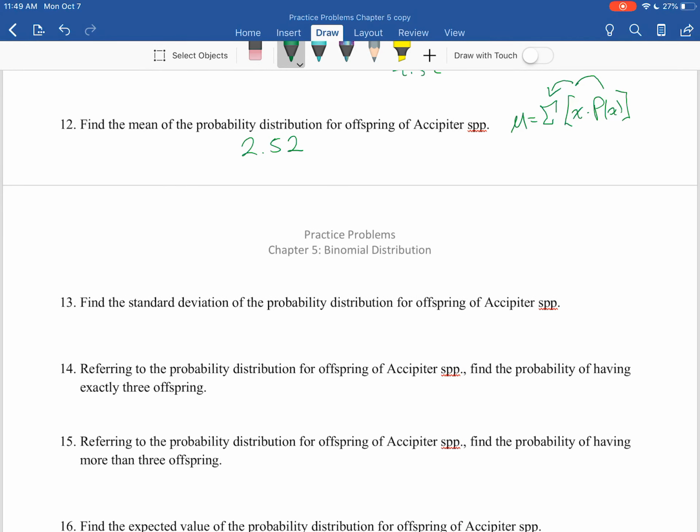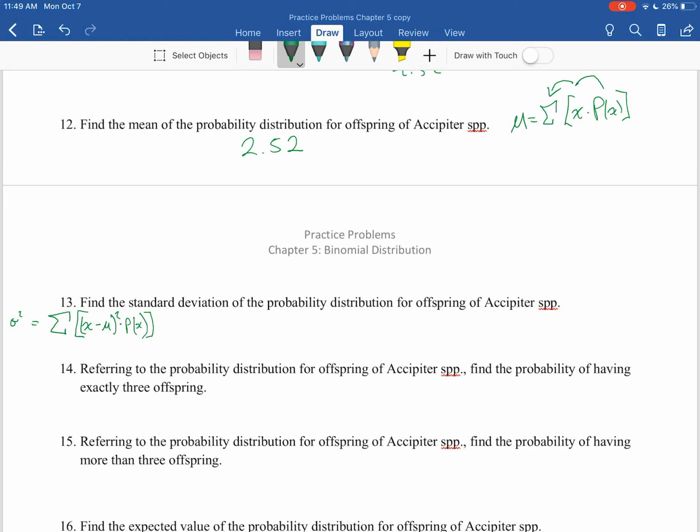Another one that I use, because I think it's a little simpler, is you take the sum of your x value minus your mu, squared, and then multiply that by the probability of x at that value, and then you sum all those values together, and then take the square root of it, because this is truly the variance, and take the square root of it to get your standard deviation.